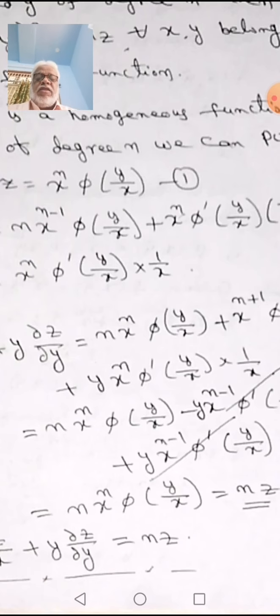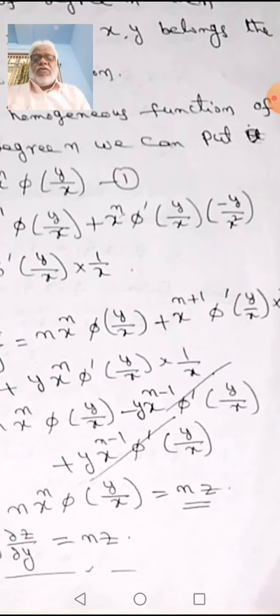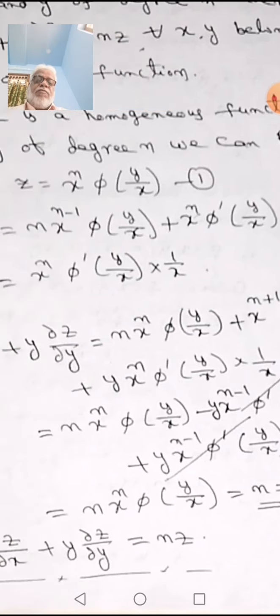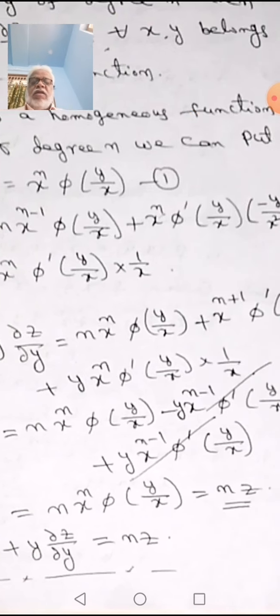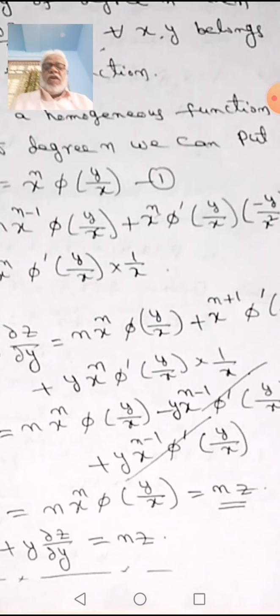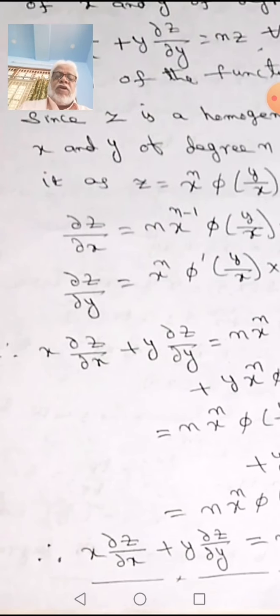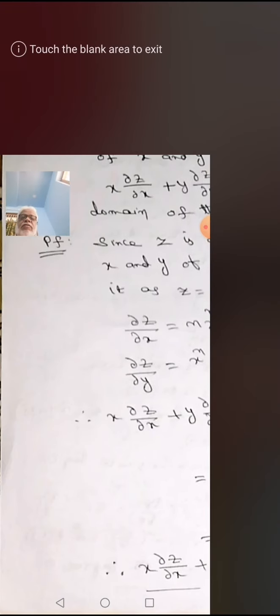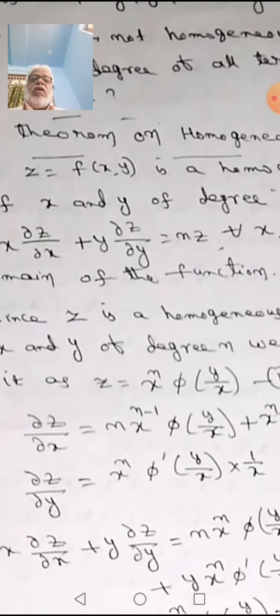You see these two terms are the same, so they cancel. The remaining is n x power n phi of y by x, which is nothing but n z. So x dou z by dou x plus y dou z by dou y is equal to nz. So this is Euler's theorem.